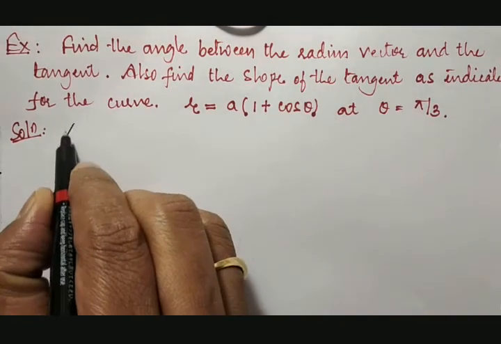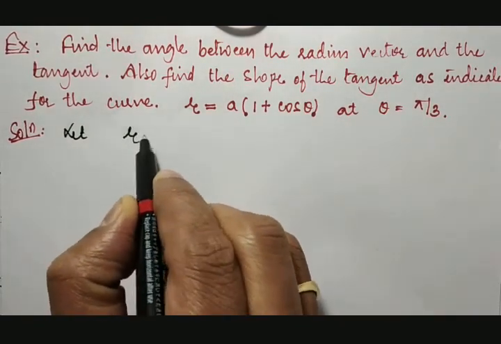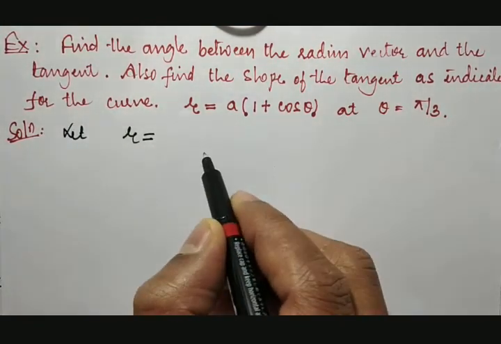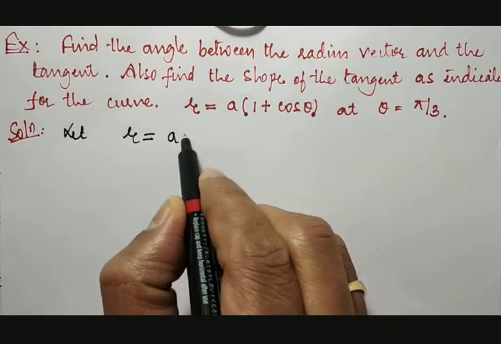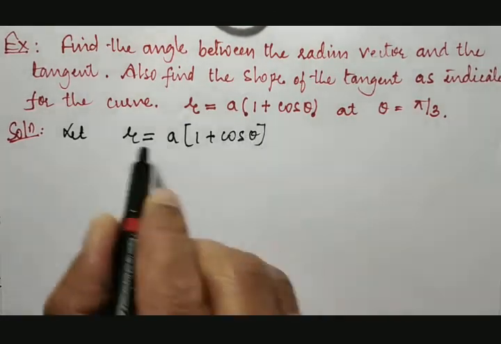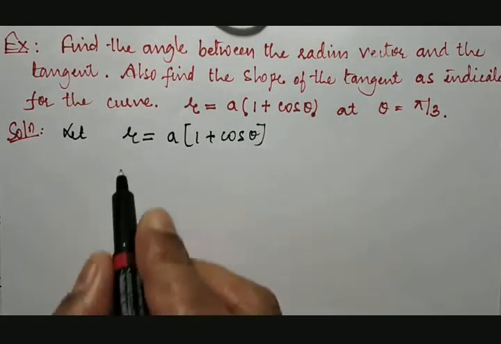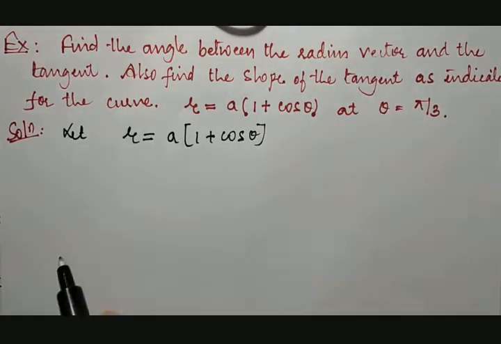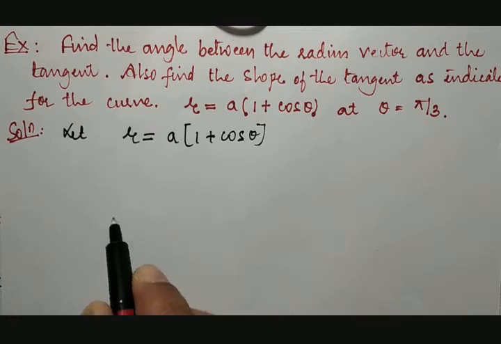Since the given example is having a curve r is equal to a into 1 plus cos theta, and since it is a polar curve, we need to apply log on both sides, which we have done in previous class also.